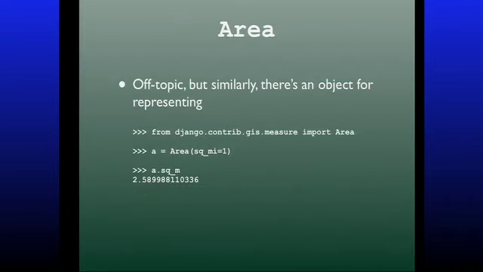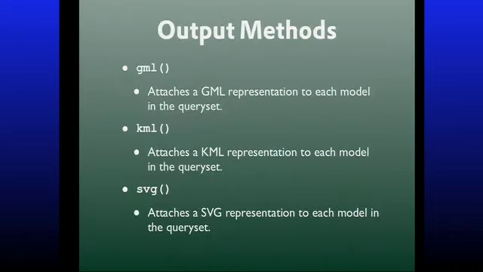A little bit off topic, but there's also an area object in there as well. When you do GML, you have a little GML attribute on every model that is the string GML representation. And that's an OGC standard. Not very many people outside of governments in general really use GML.